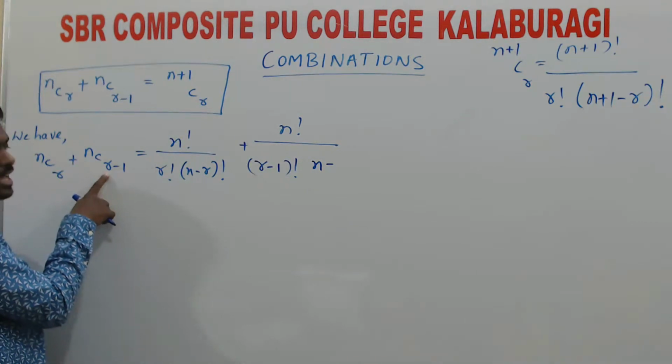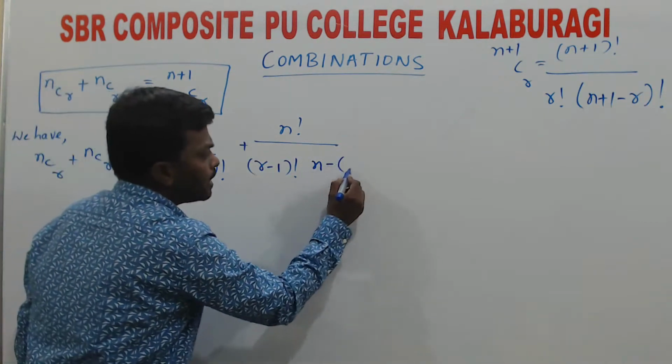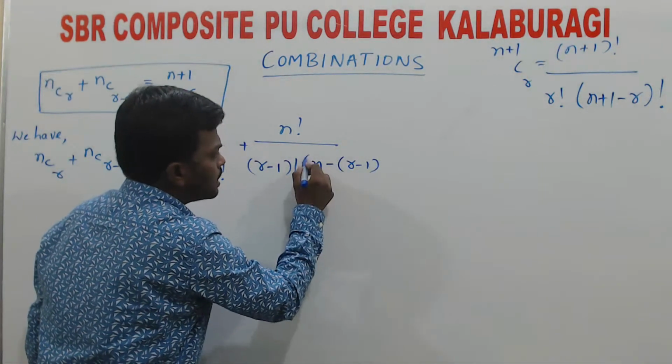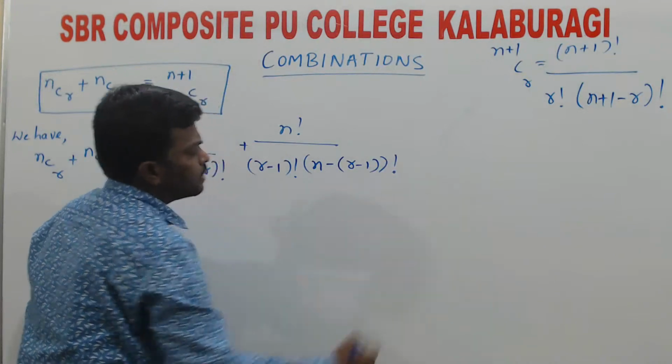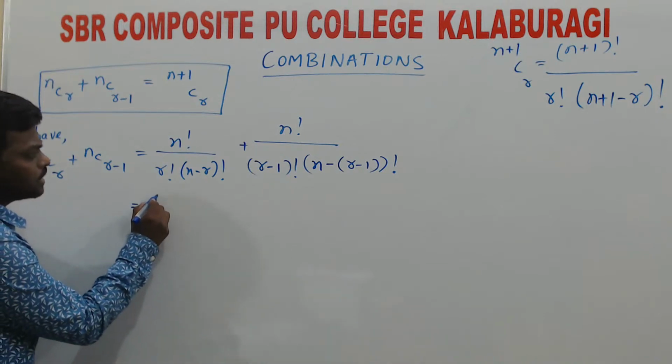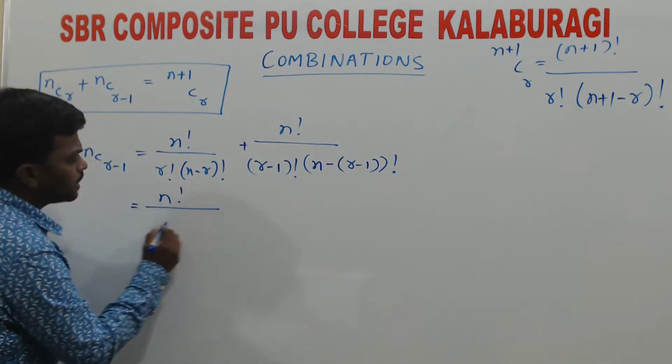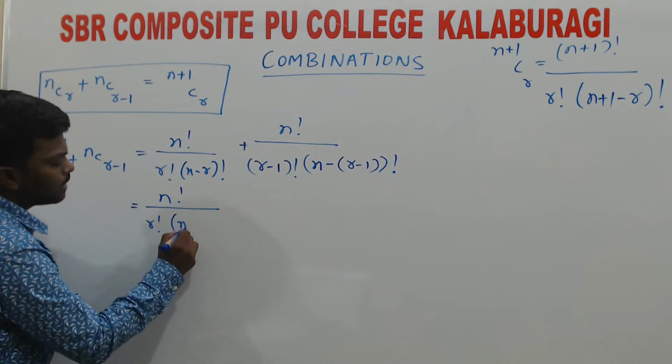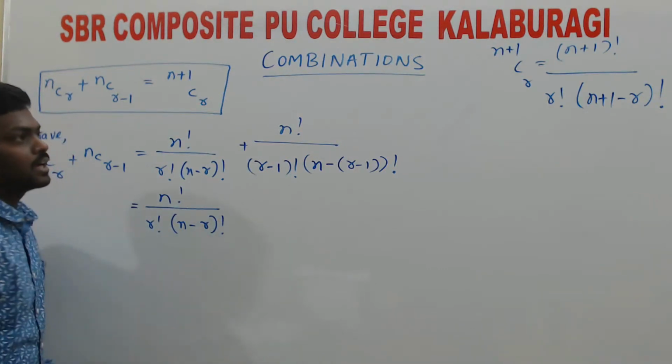It's not just r here, it is r minus 1, so keep it in brackets, because otherwise, because of this negative sign, you may end up doing it wrong. Okay, is that clear?